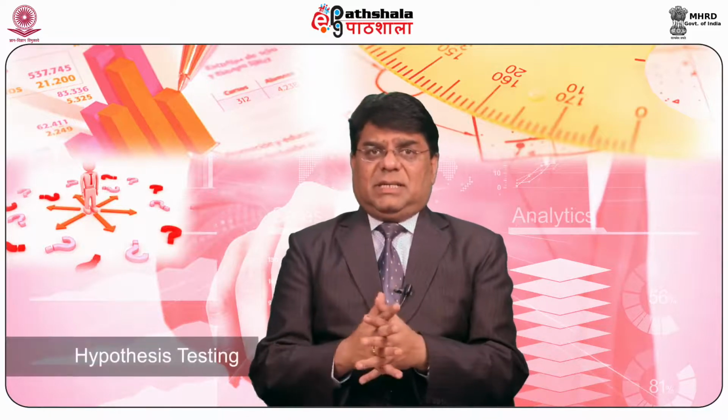In hypothesis testing, whenever we have a decision to make about a population characteristic, we make a hypothesis. For example, mu is greater than 50 or mu is not equal to 50. Suppose we want to test the hypothesis that the mean is not equal to 50.